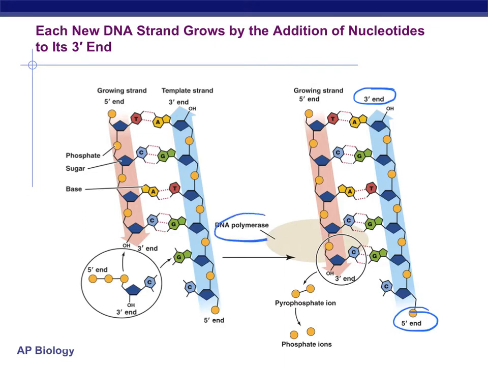The DNA polymerase is what is going to be adding the new nucleotides, and this process is actually energized by a couple extra phosphates that the bonds are broken off of the nucleotides as they bind to the existing nucleotides. But again, it's built from the 3' end to the 5' end.